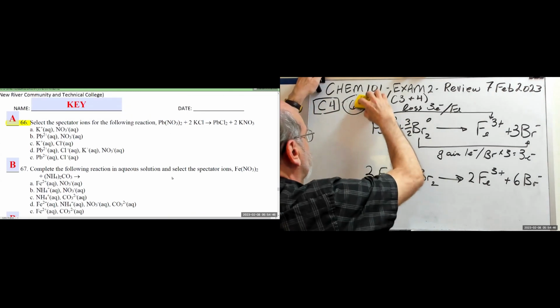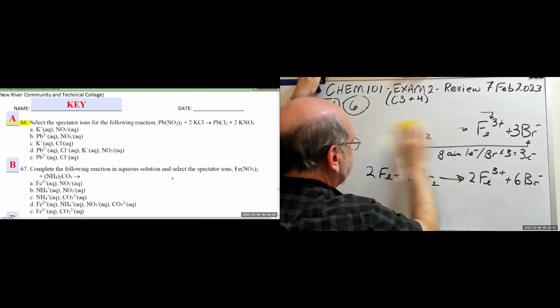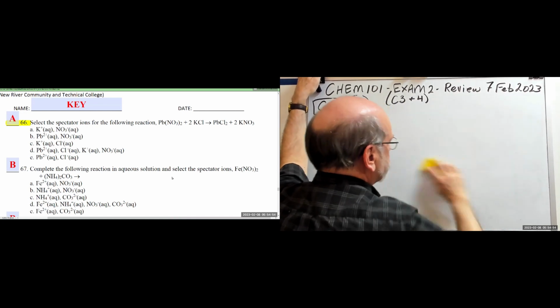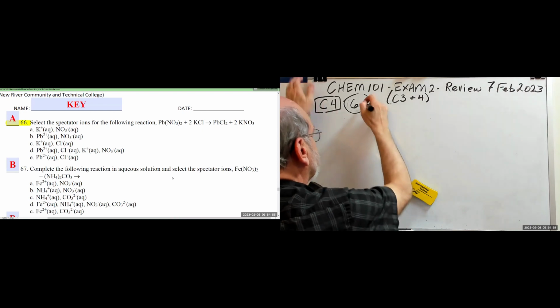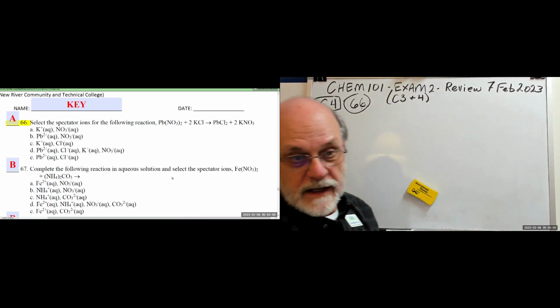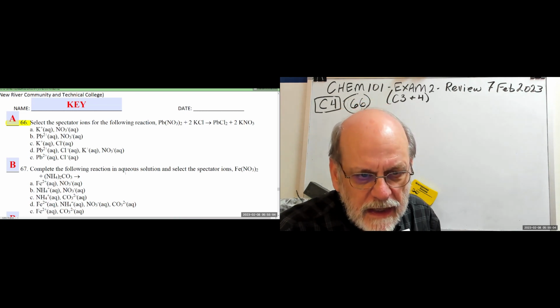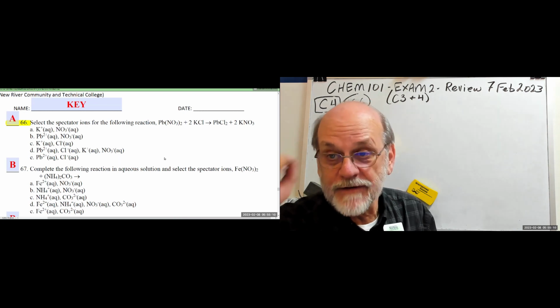66. Select the spectator ions for the following reaction. And it looks like there are no coefficients embedded in here, so we just need to identify the species.